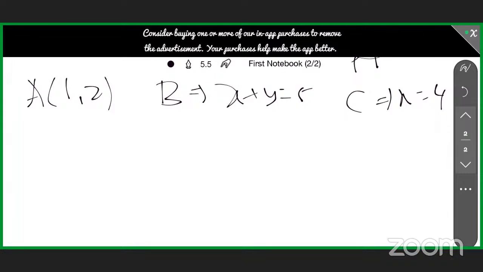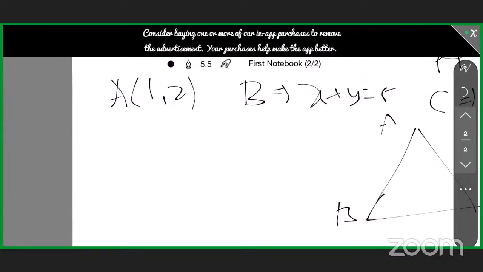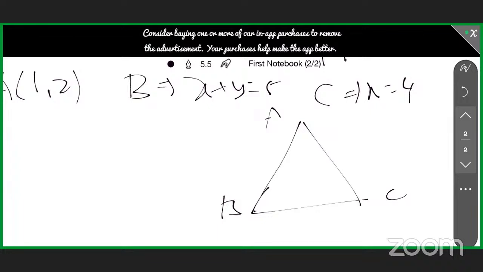For that, what we should do is draw a rough figure: A, B, C, and the medians.